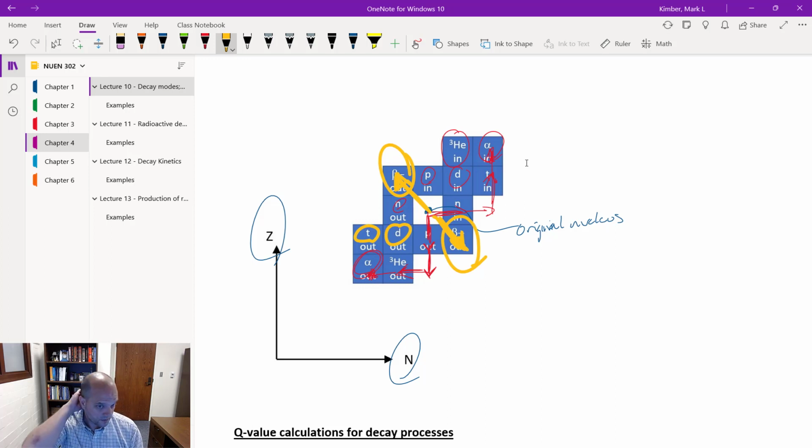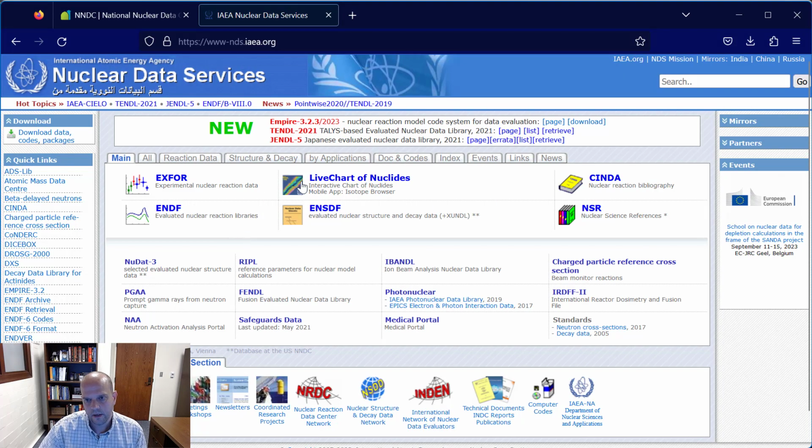So let's look at a couple of online resources for this decay. One that I find helpful is from the IAEA, this chart of nuclides here.